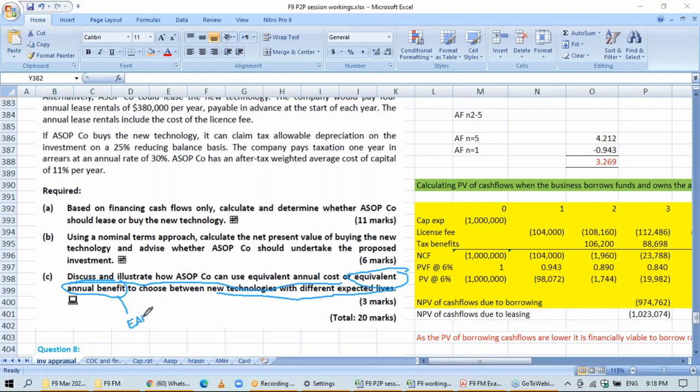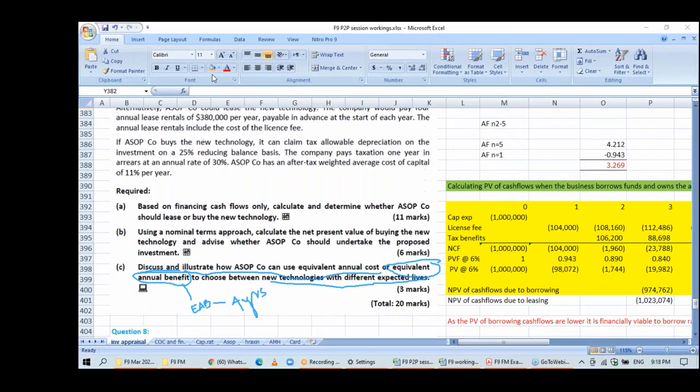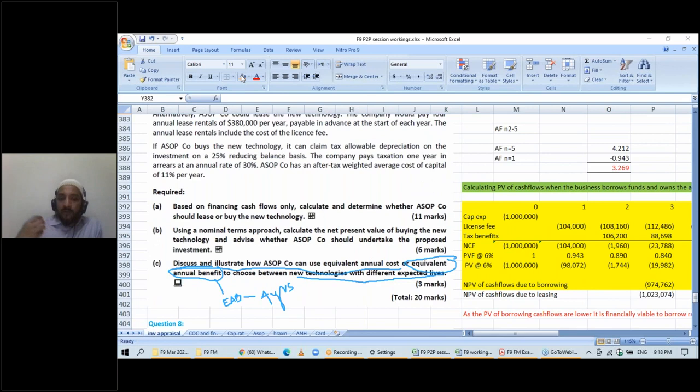Over here we will calculate equivalent annual benefits if the machine's life is 4 years, right? What's the replacement decision? Replacement decision means in how much time should the business replace the asset, that is, buy the new one.